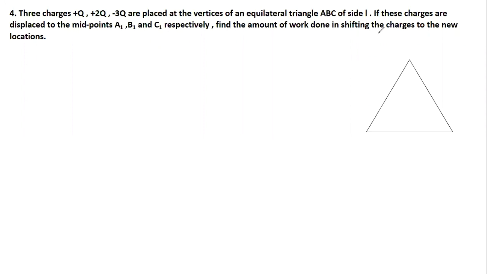Okay. This is our next question. Now here it is asked that we are having 3 charges, plus Q, plus 2Q, and minus 3Q, placed at the 3 vertices of an equilateral triangle of side L. So this is my equilateral triangle, A, B, C of side L, and you have placed, let's say, plus Q, plus 2Q, and minus 3Q.